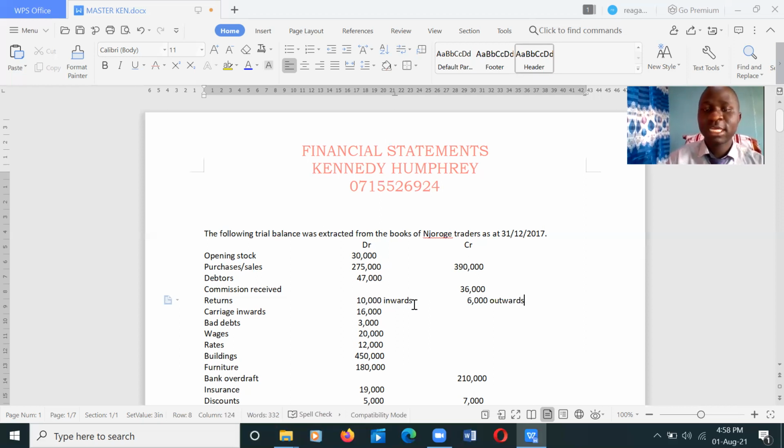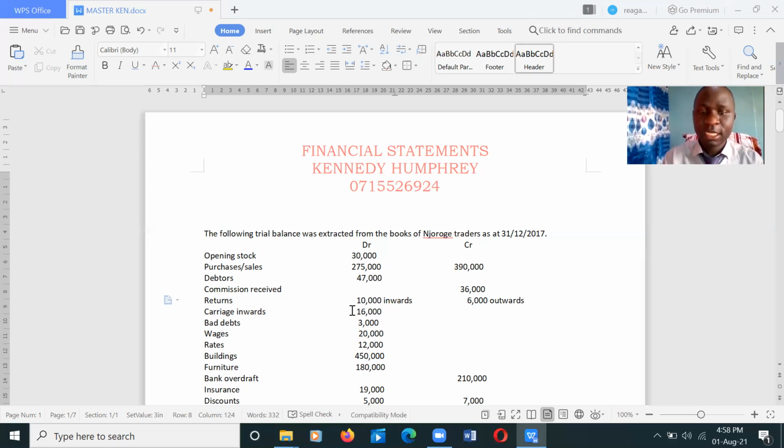Therefore, return inwards will be subtracted from sales to get net sales when preparing the trading profit and loss account. While return outwards are goods which have been brought into the business, but now the business decides to return them to suppliers. So they will be subtracted from purchases.